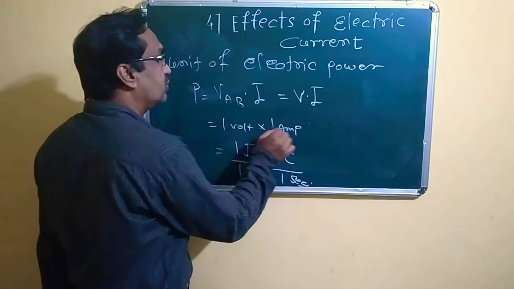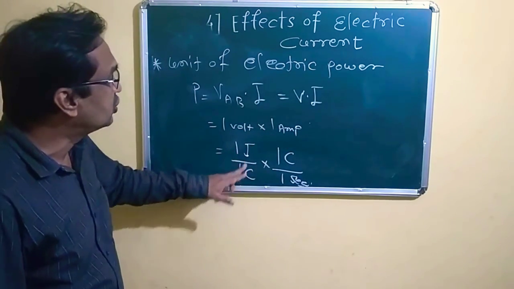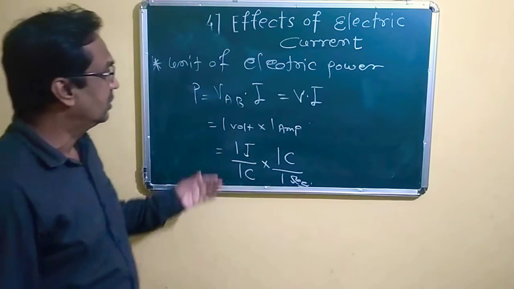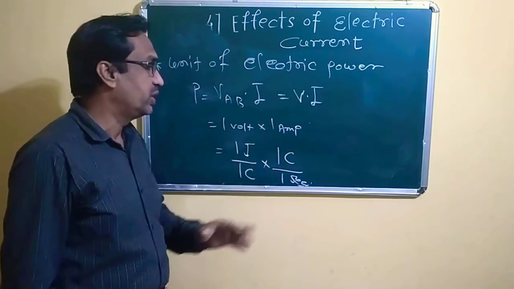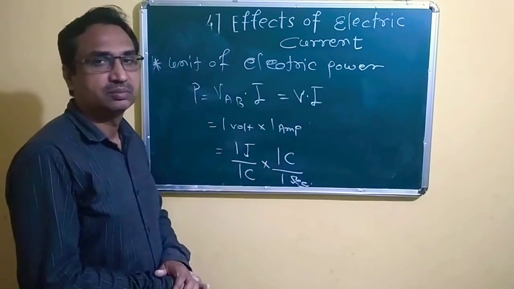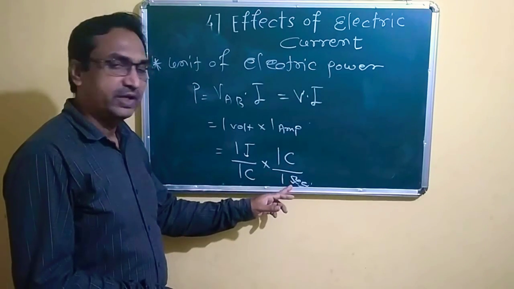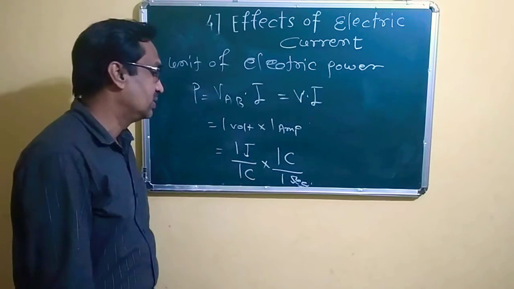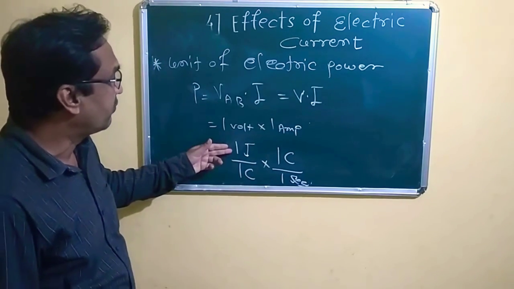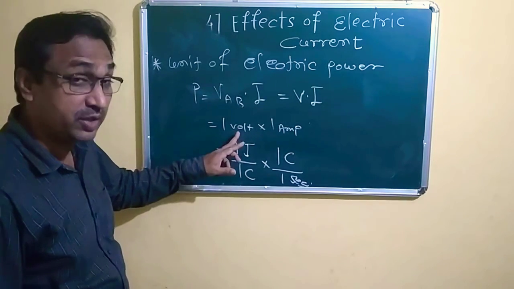So 1 volt into 1 ampere. Here 1 volt is equal to 1 joule upon 1 coulomb, into 1 ampere, which is 1 coulomb upon 1 second. That means charge per unit time is called current, and the amount of work done per unit charge is called potential difference.